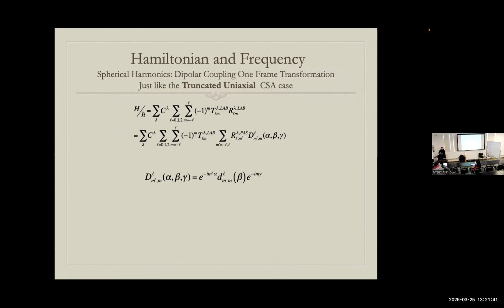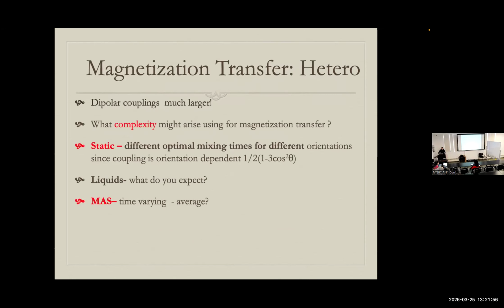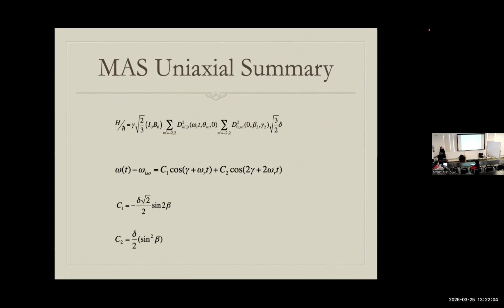We also solved expressions using the Euler angles for the dependence on spinning, and that'll be on a later slide, but we used expressions like this to get those. So we know that it's time varying, we know it's sinusoidal, we remember that it had a cos omega R piece and a cos 2 omega R piece. Oh, here they are on this slide.